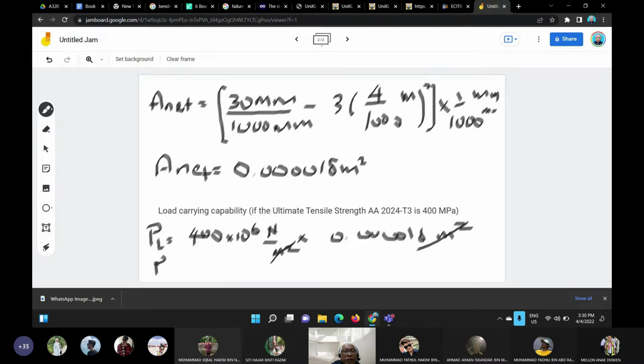So P load equals... When you do this, don't miss the unit. If you miss the unit, I'll mark off, which means that you don't get marks.